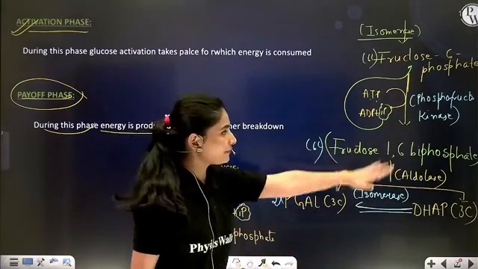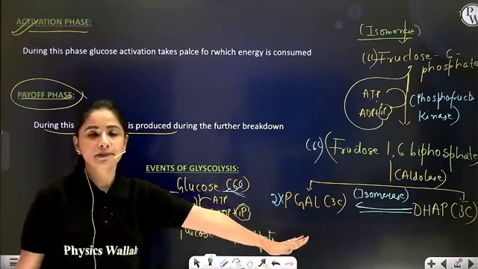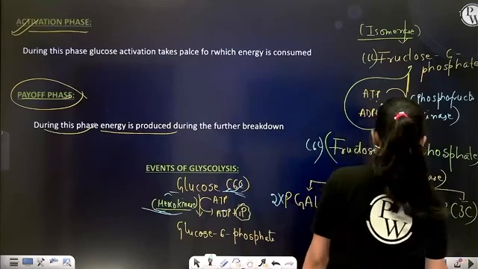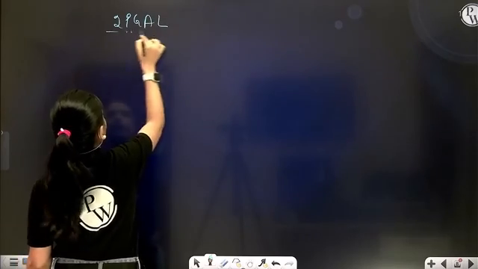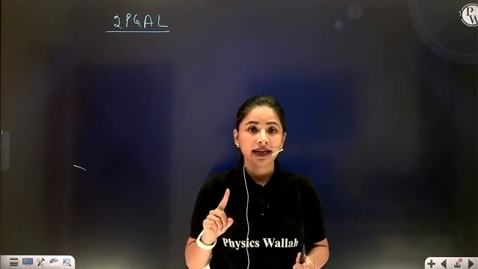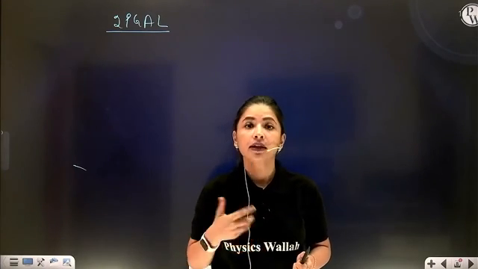I hope everything, all the enzymes, all the steps are clear. Now we are going to start with the payoff phase. So now what do you have? You have 2 molecules of phosphoglyceraldehyde, right? Now these 2 molecules of phosphoglyceraldehyde, my dear students, will undergo oxidation. Oxidation in the absence of oxygen. How?